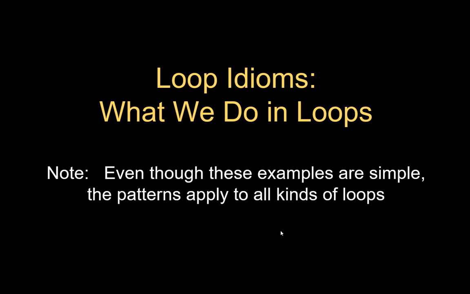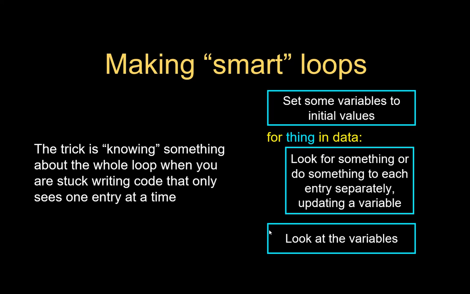So we're going to talk about the idioms, the words that we use, or what we do basically in the loops. So here the trick is knowing something about the whole loop when you are stuck writing code that only sees one entry at a time.